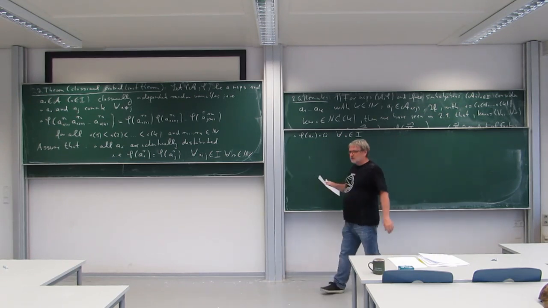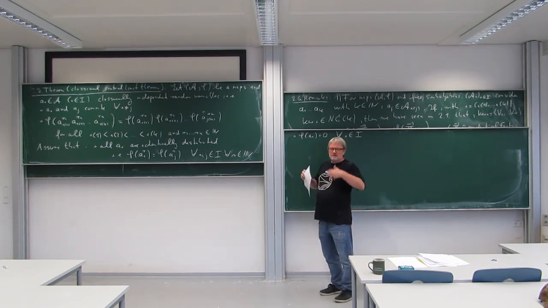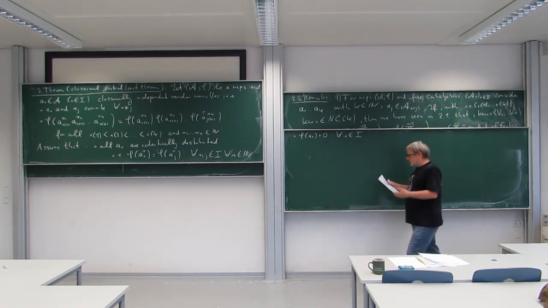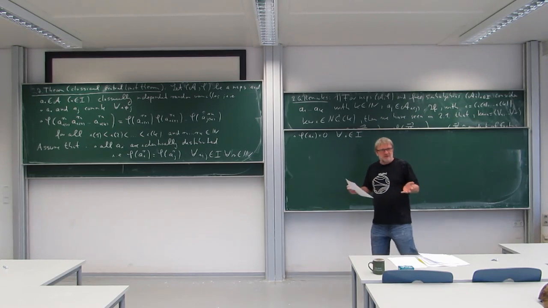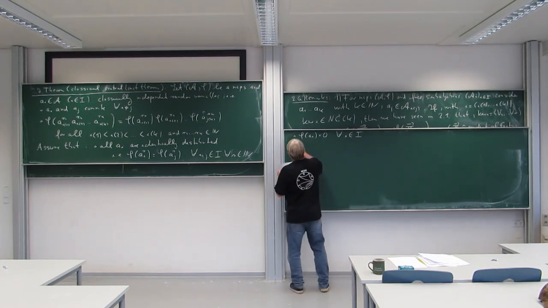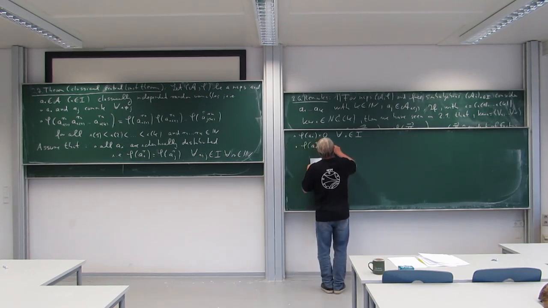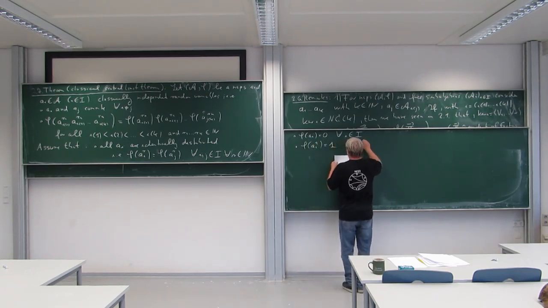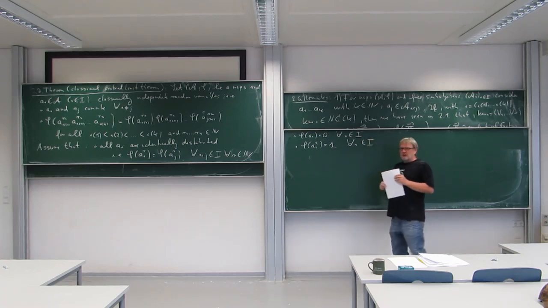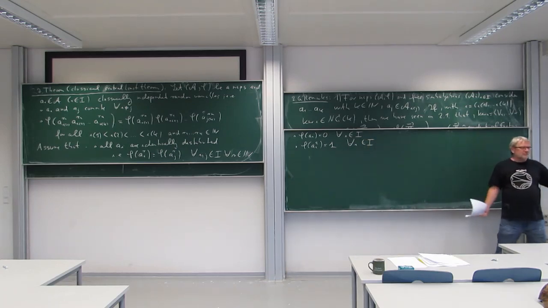And then for the second moment, we take some normalization. The second moment, or the variance in this case, is not 0, but we normalize it and ask that it is equal to 1. This is just normalization. So phi of a squared is equal to 1. About the higher moments, there are no assumptions.